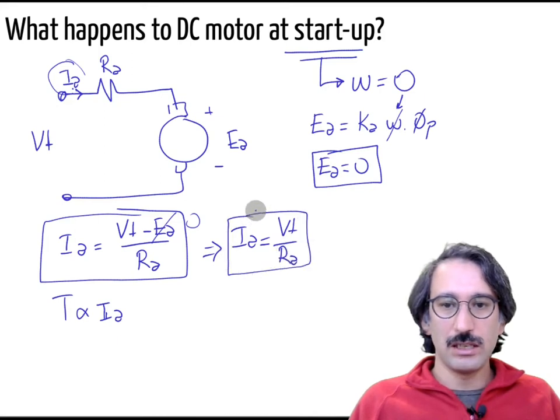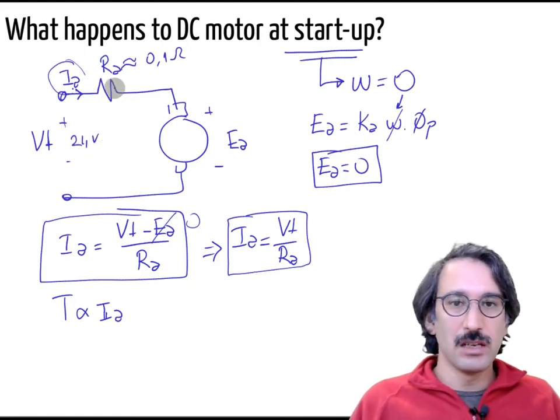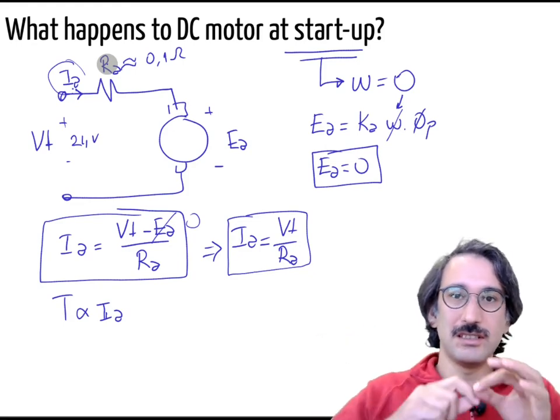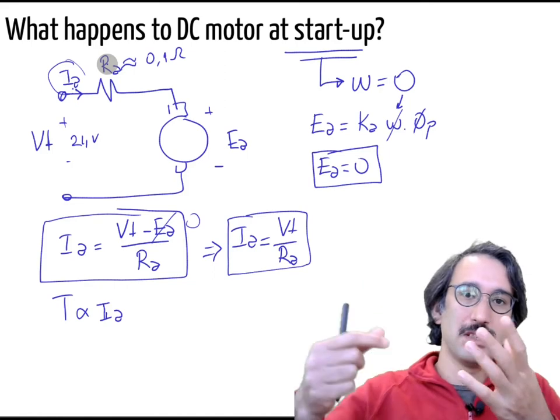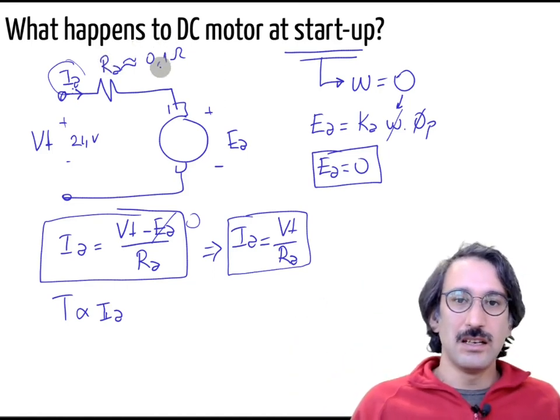Usually RA is, let's say, 0.1 ohm, and let's say VT is, I don't know, 24 volts. Armature resistance is a really small resistance because it's not a separately connected resistance. It's just the resistance of the coils in the winding, and it is copper, and it has low resistance.